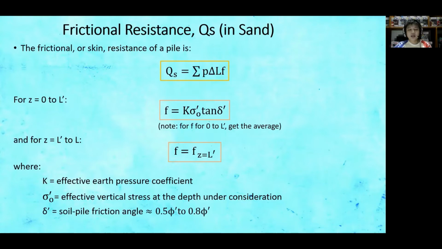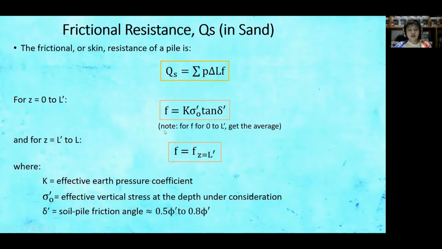Take note that for F, for 0 to L prime, get the average. And for Z equal to L prime to L, which is already constant, F is equal to the F at Z equal to L prime.